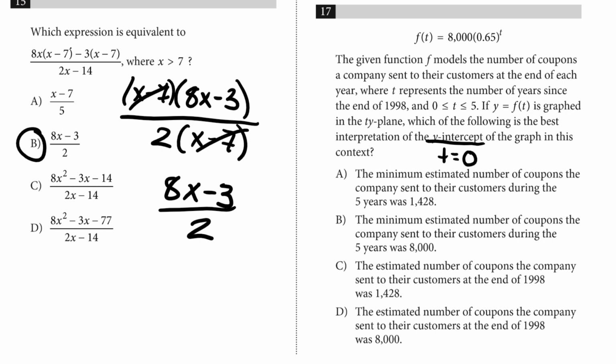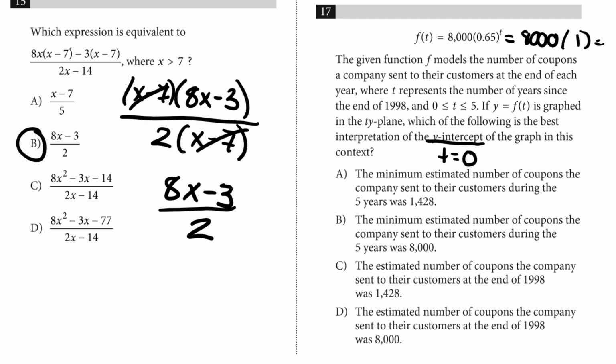0. So if we plug 0 in for t, we will have 8,000 times 0.65 to the power of 0. 0.65 to the power of 0 is 1. And 8,000 times 1 is 8,000.